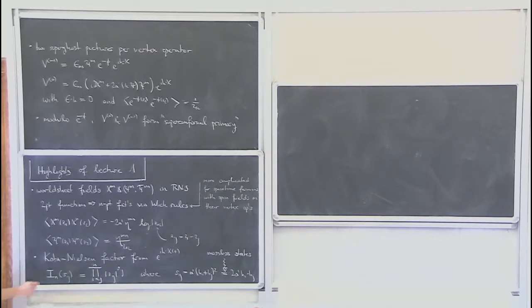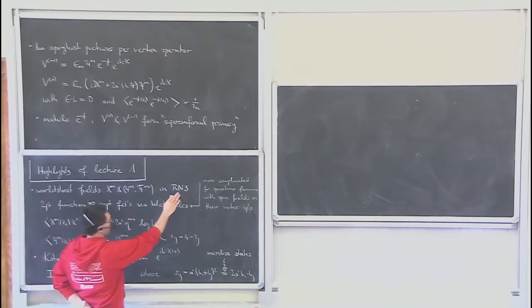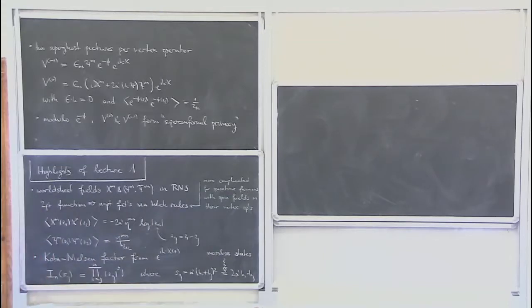Okay, and from what you saw, the matter part of the worldsheet action is quadratic in the fields, which means that in computing correlation functions, all you need to know is the two-point function, and then you can upgrade it to n-point functions by using the Wick theorem and doing some combinatorial exercises.